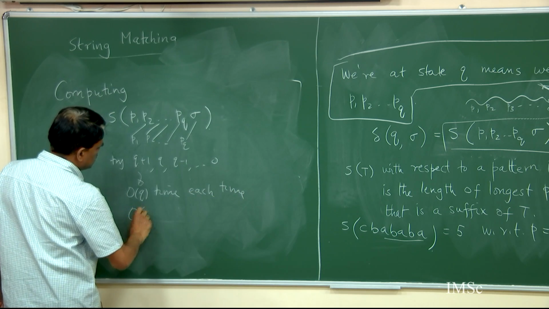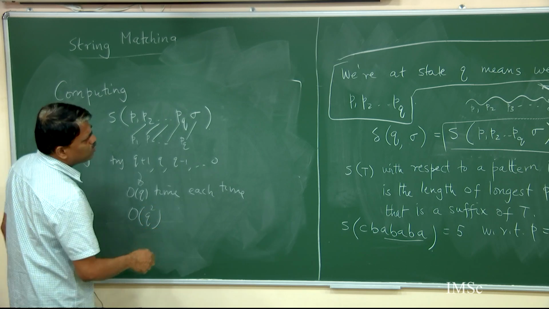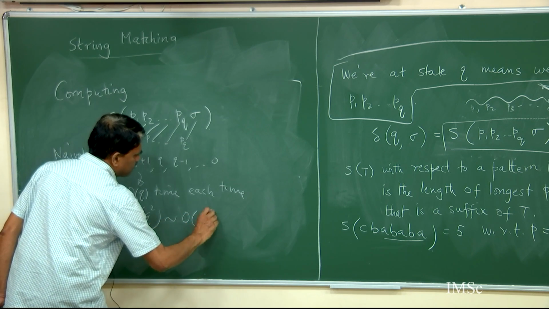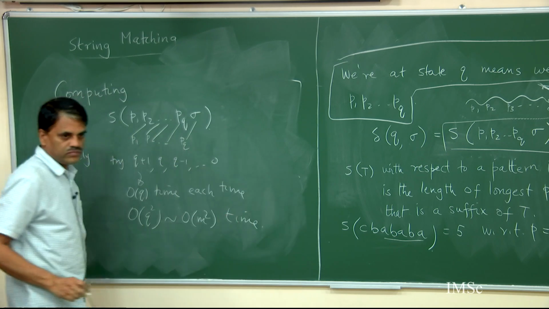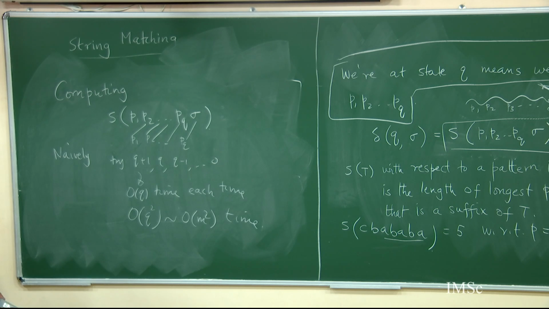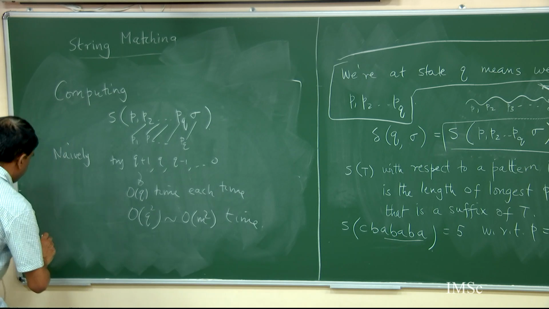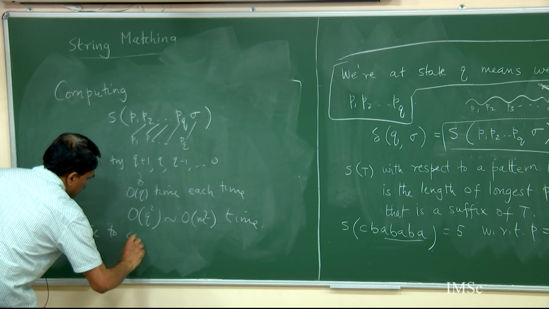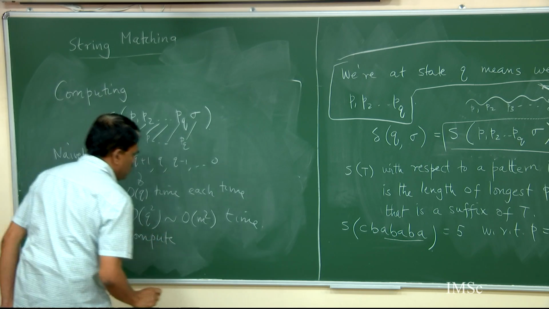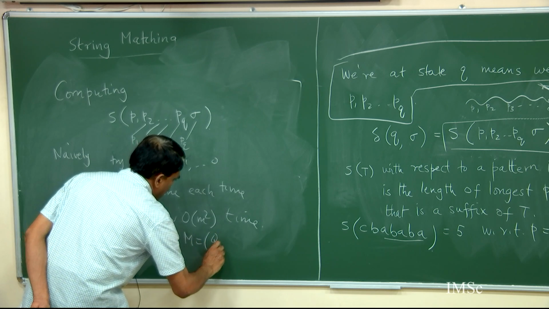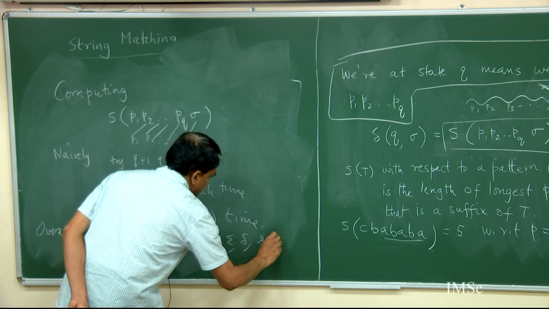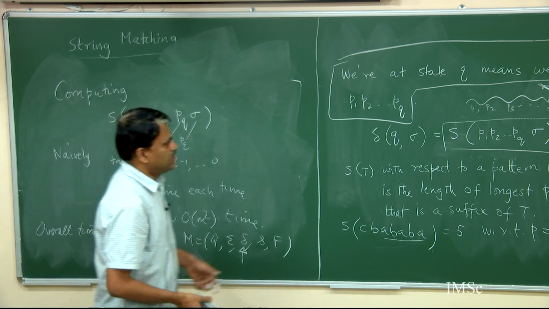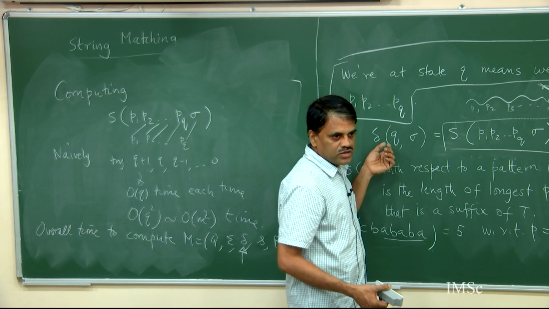So overall I am going to say just q squared. And q is at most m, so that is like m squared. The overall time to compute my machine M, where all the work is in computing delta, is order m squared for each q and sigma.